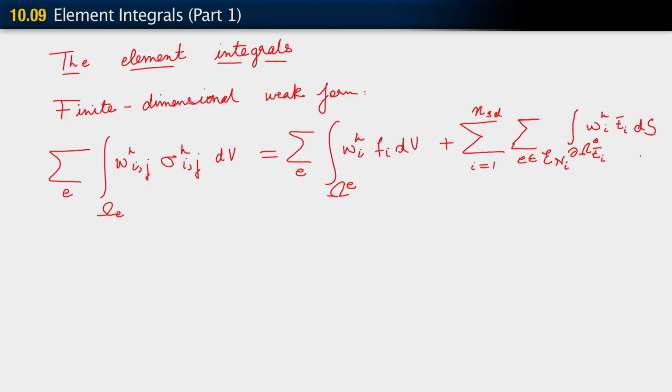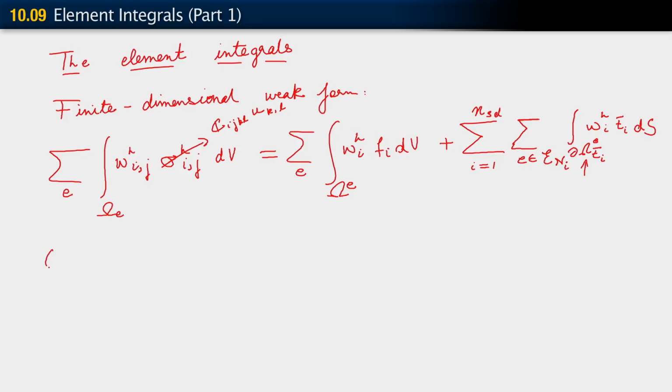And all right, so this is what we have. What we're going to do is, just as before, assemble each of these integrals over the element subdomains, or in this case over this special element boundary subdomain, right? And of course we are also going to use the fact that sigma is given to us by the elasticity tensor, now multiplying u_{k,l}, right? Okay, so we are going to proceed with this now.